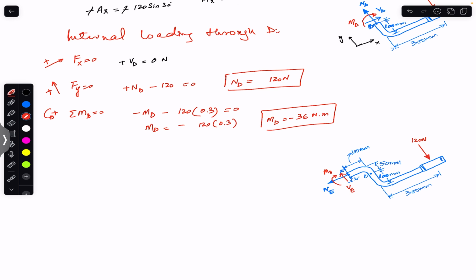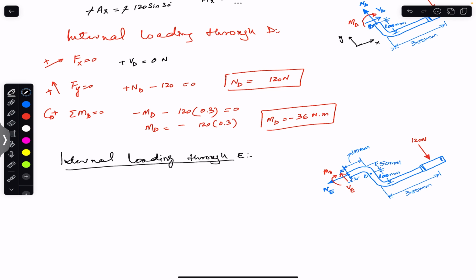So now considering this segment, we will find the internal loadings through E. So again, our positive X direction is in this direction, and this is our positive Y direction.